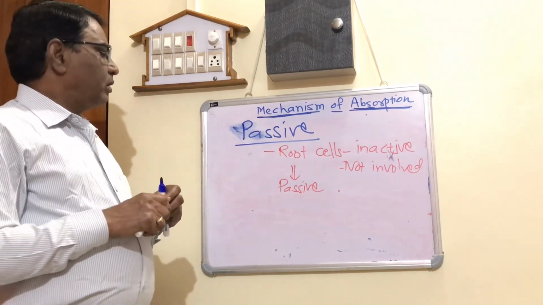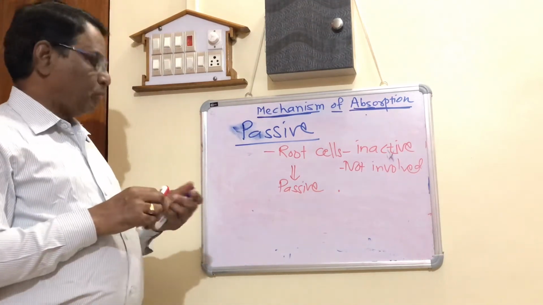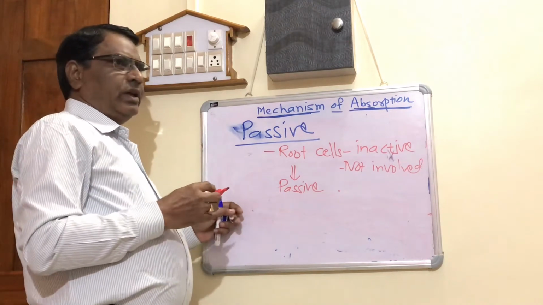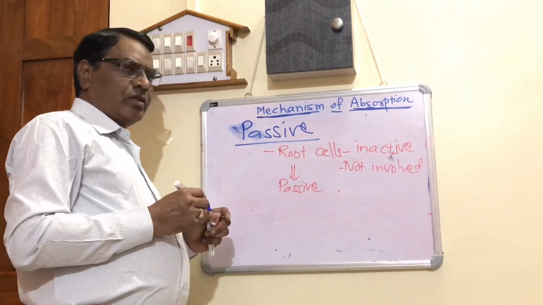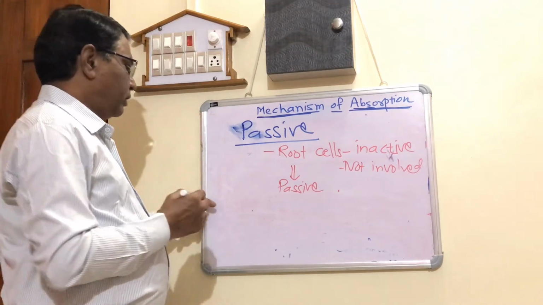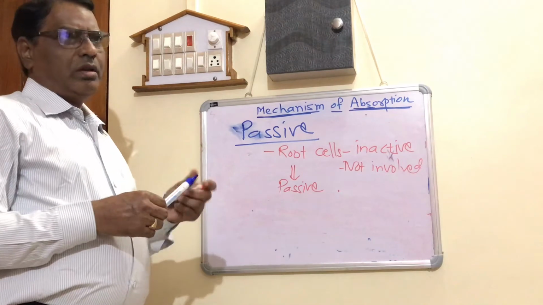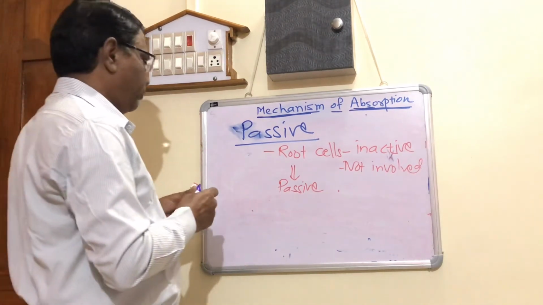And here, according to this passive absorption theory, the force that is developed for this absorption of water is developed in the top of plants, especially in the leaves.